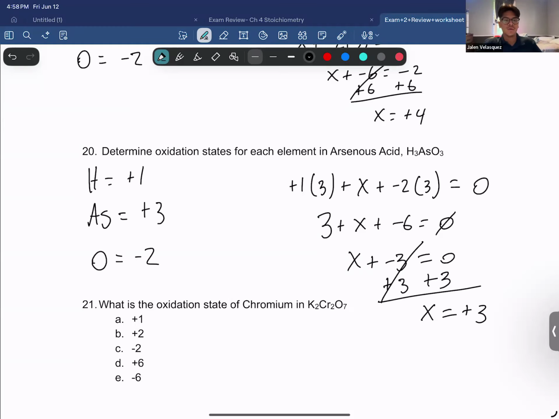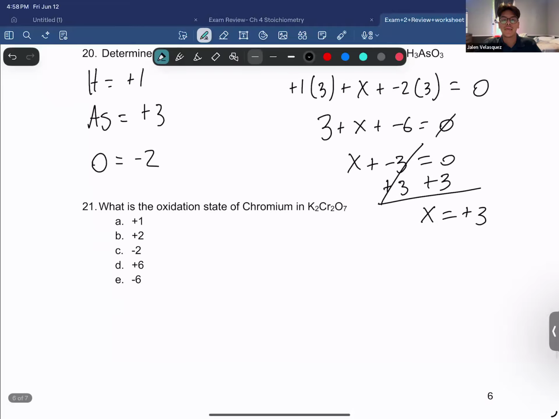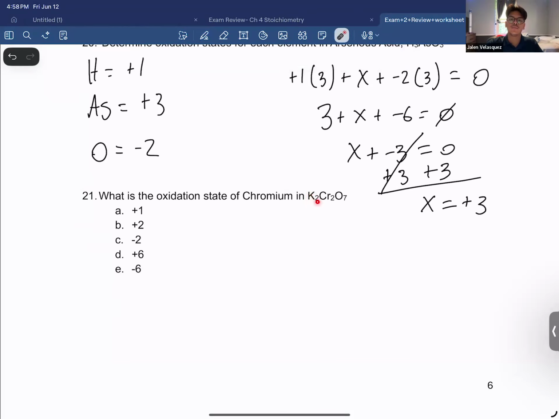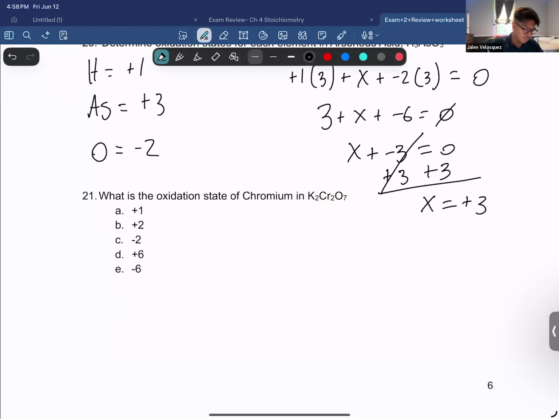And then the last problem here, the oxidation state of chromium in K2Cr2O7. So K we know, Cr we don't, and O we know. So we have plus 1 times 2 plus 2x plus negative 2 times 7 equals 0.